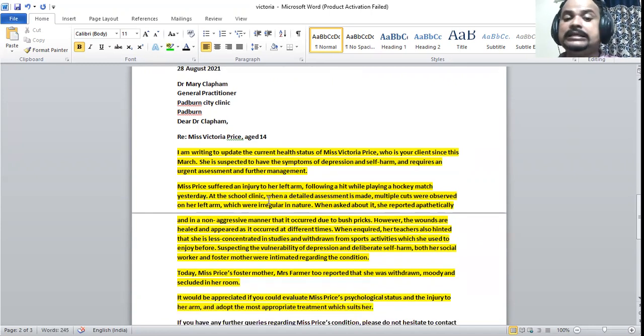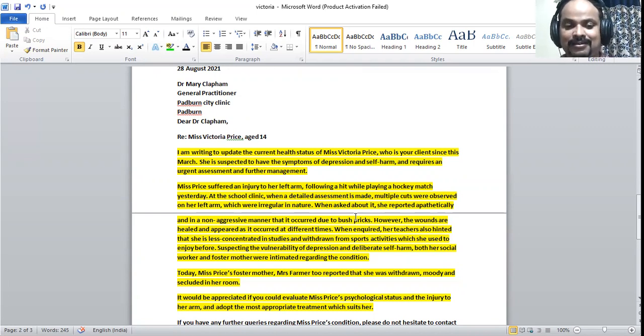At the school clinic, when a detailed assessment is made, so it's understood that she came to the school clinic and a detailed assessment is made. Multiple cuts were observed on her left arm, which were irregular in nature. So you saw multiple cuts on her left arm. Those wounds were irregular.